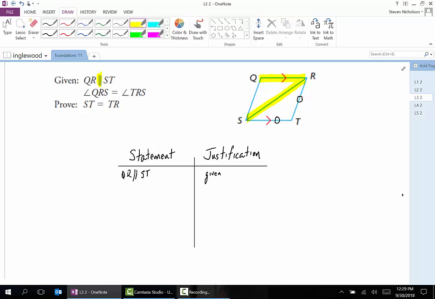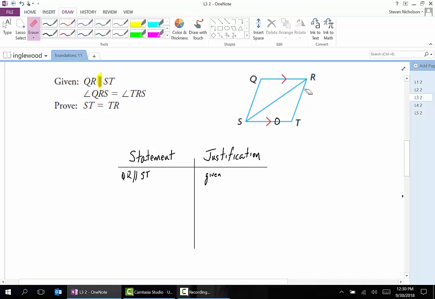And angle TRS is this one right here. So there's the one we want. I'm going to relabel those really simple letters, little a and little b. And I know that angle A is equal to angle B. That's a given too. So we want to write down what our given information is.